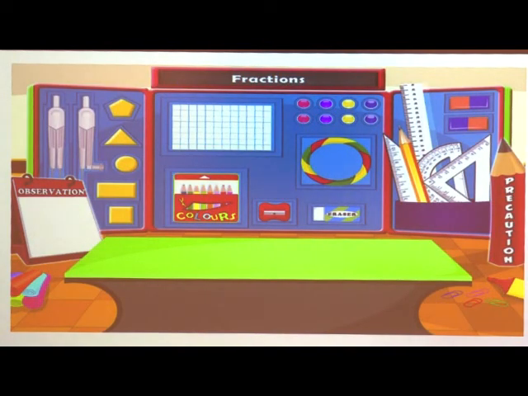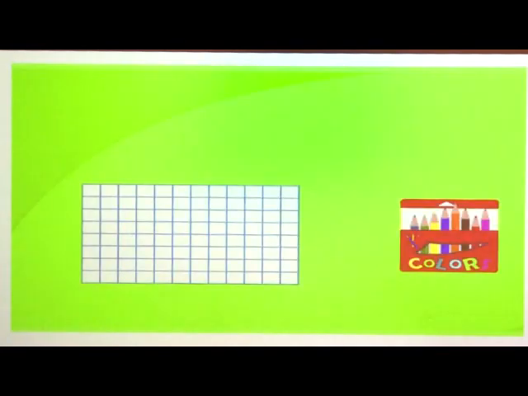Take a grid paper. Take pencil colors. Let's multiply 1 by 5, by 3, by 4. Since the two denominators are a 4 and 5, so we draw a rectangle of side 4 squares by 5 squares on the grid paper.